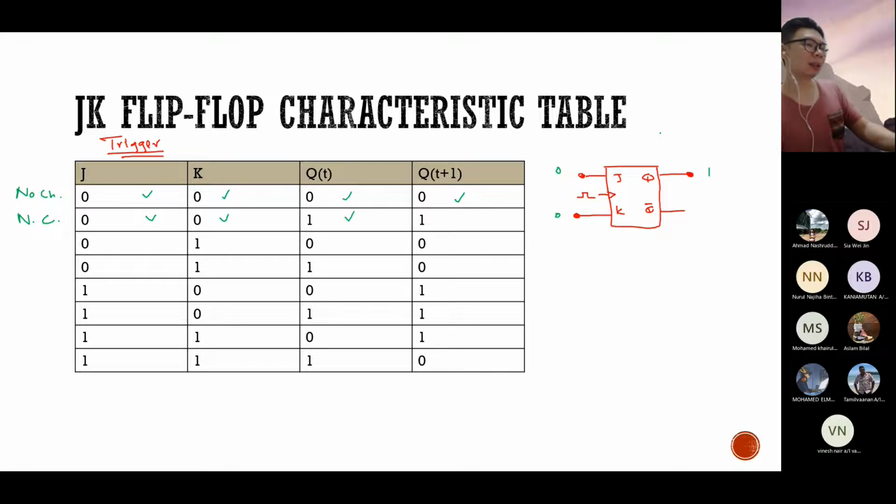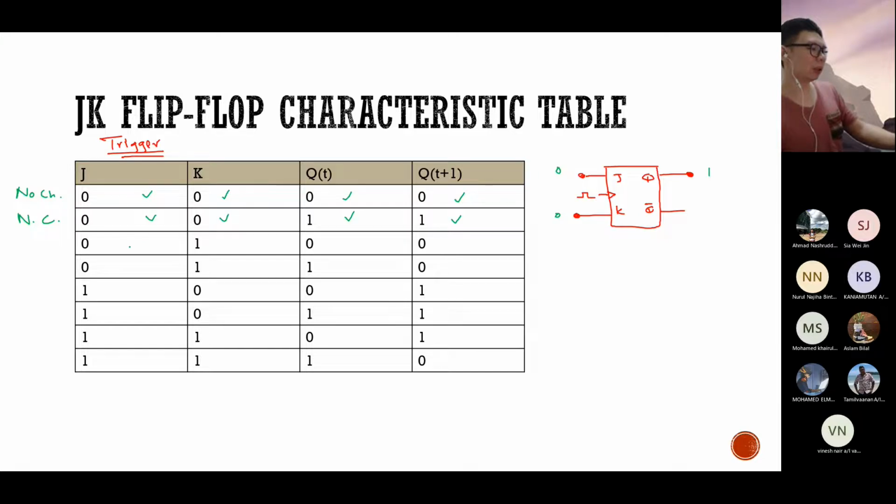Your flip-flop will be in no change mode, and no change mode means whatever output you have currently, it will preserve it. It will stay the same. So your next output will just stay at 1 because this is what you have at the present time. Okay, so that is 0, 0.